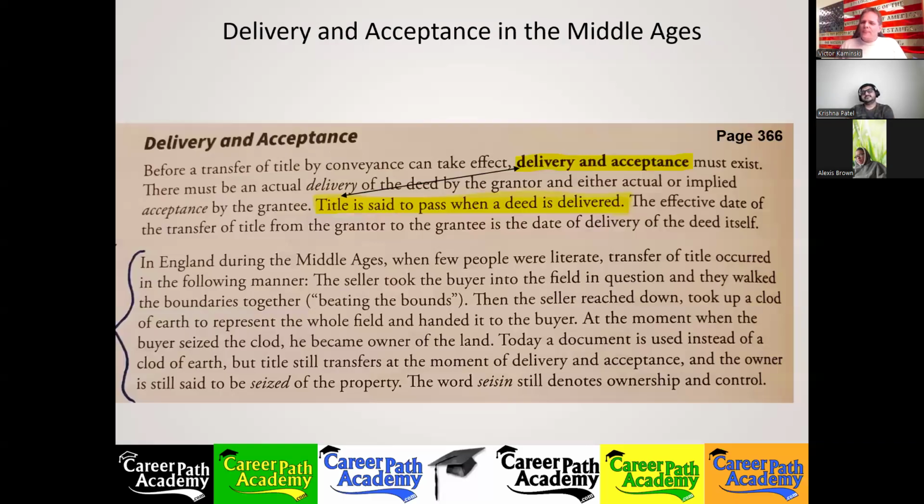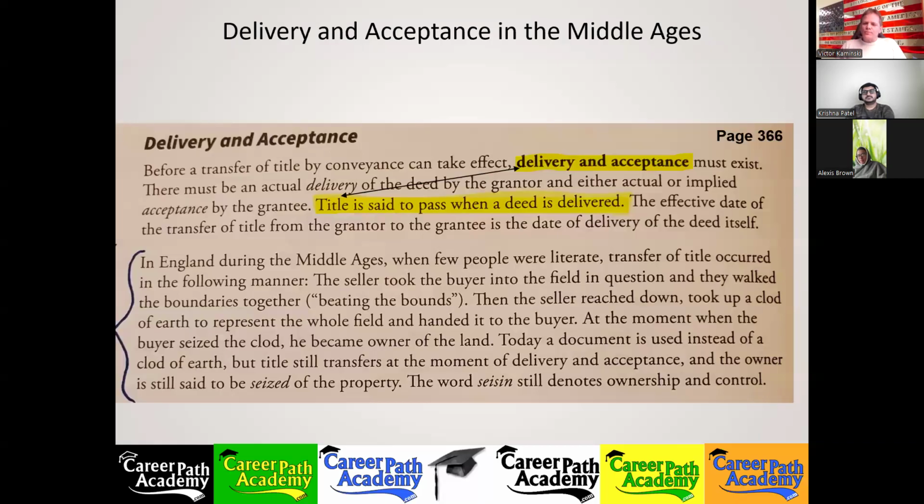Okay. Well, think of those cheesy cartoon characters and those voices as I read to you this story that explains how the transfer of ownership took place in the Middle Ages when few people were literate. That means they knew how to read or write. In England during the Middle Ages, when few people were literate, transfer of title occurred in the following manner.